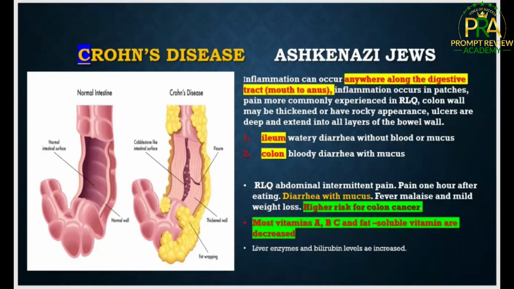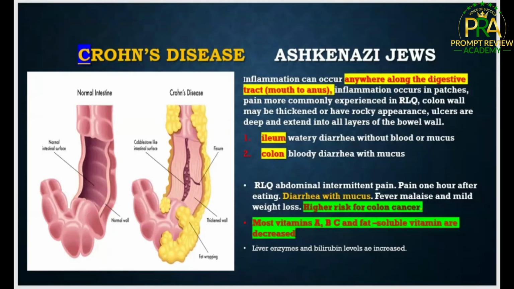in Crohn's disease, you will see that there is inflammation, and this inflammation is happening at any part of the GI. The patient will show chronic GI inflammation.